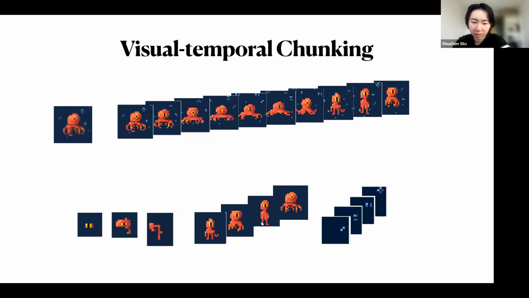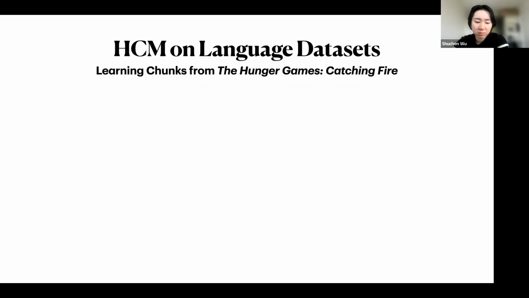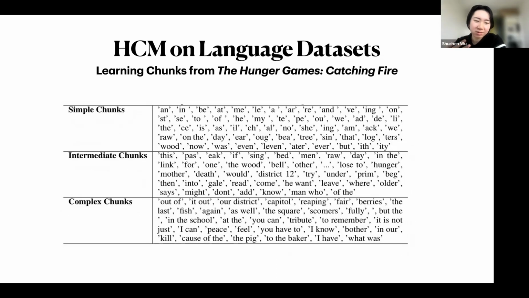It's interesting because this kind of object identity can be learned from this simple principle. We also trained HCM on language datasets. In this case, we made HCM read Hunger Games, and the results are similar in taste.